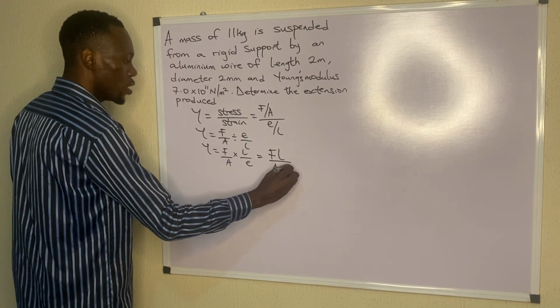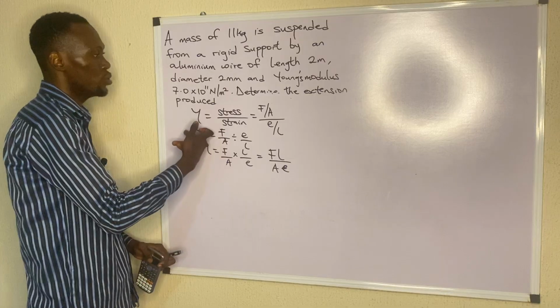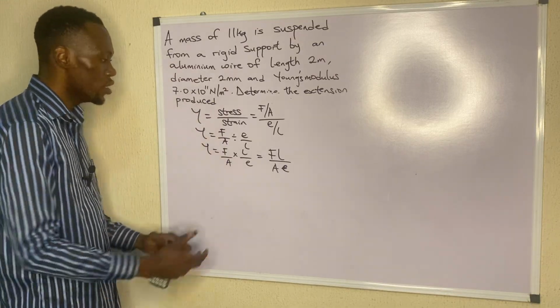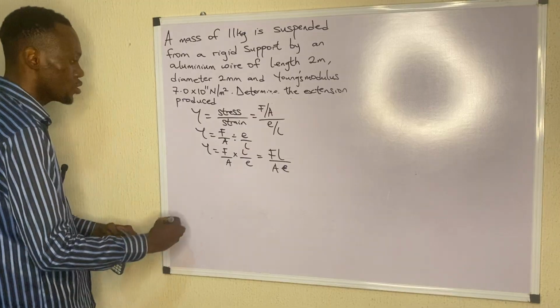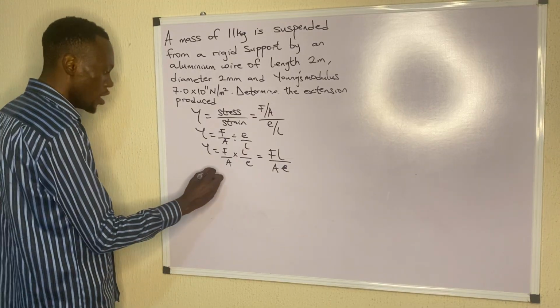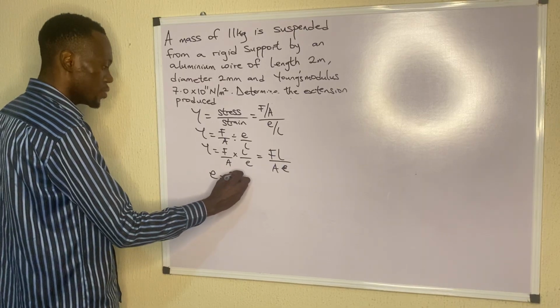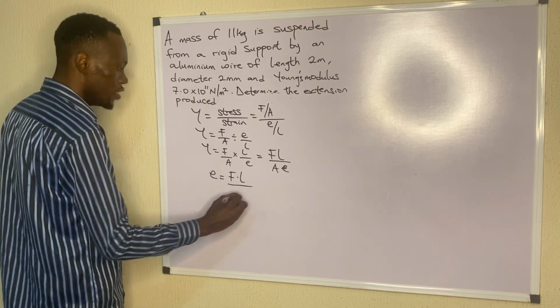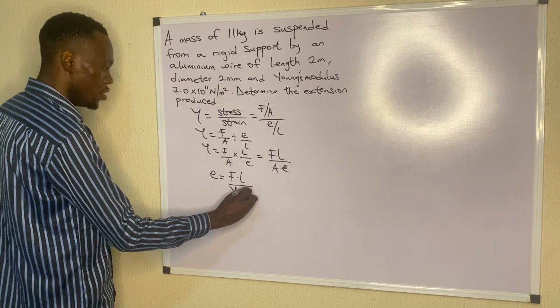For this particular question, what am I looking for? I'm looking for the extension produced in the aluminium wire. So I'll make the extension the subject of the formula. The extension produced will be my force times my length divided by my Young modulus times my area.